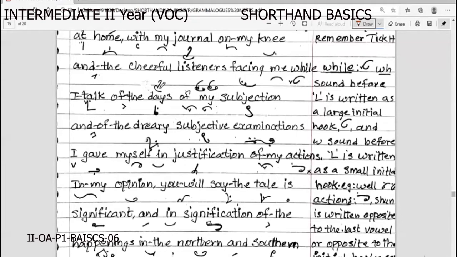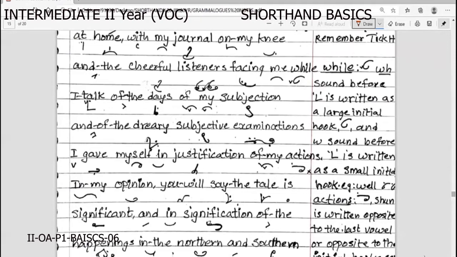So large hook is L for large. Okay. So large hook is L and small hook is R. So cheerful. You're going to write char with the right motion and full with a large hook. Cheerful. Listeners, E vowel. So you write L below through the line, circles for list, and nar and circles.